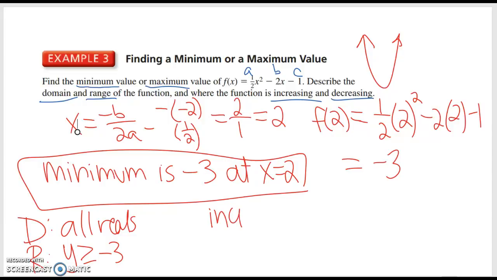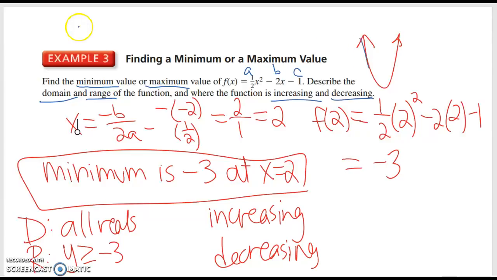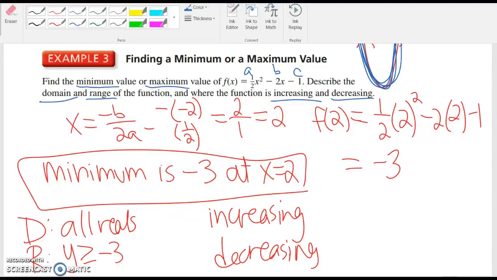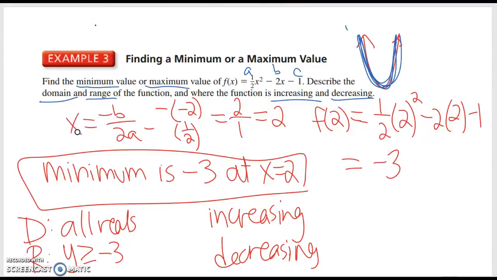Then we have to talk about where this function is increasing and where the function is decreasing. We talk about this in terms of x. So if I was to graph this function, it would look like this U right here. My function is decreasing as I go from left to right.